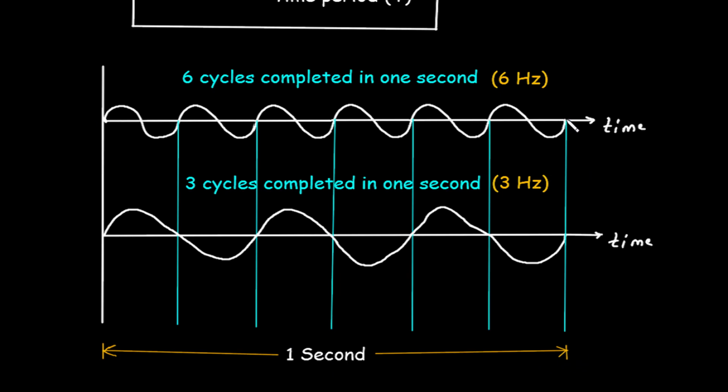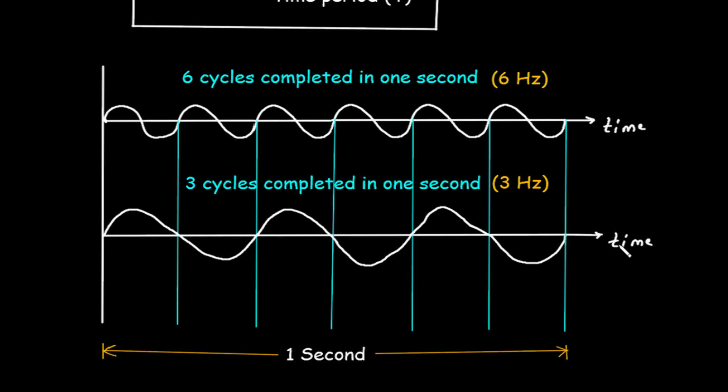Now let's see how many cycles are completed in 1 second. Let's count: 1 cycle, second cycle, third cycle, fourth cycle, fifth cycle, and then sixth cycle. So there are a total of 6 cycles completed in 1 second. That means the frequency of this waveform is 6 Hz.